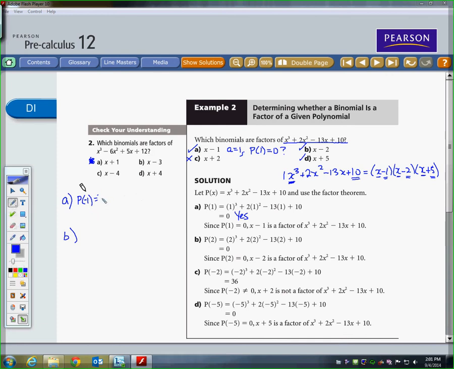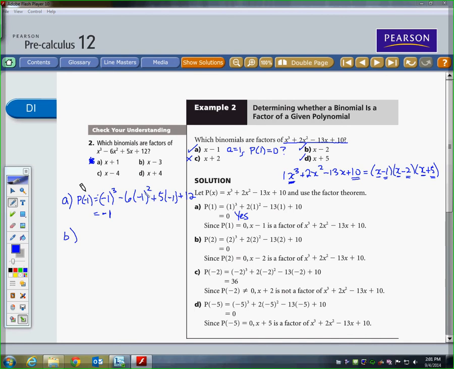Okay, so I'm going to get negative 1 cubed minus 6 times negative 1 squared plus 5 times negative 1 plus 12. So negative 1 multiplied by itself an odd number of times is going to stay negative.